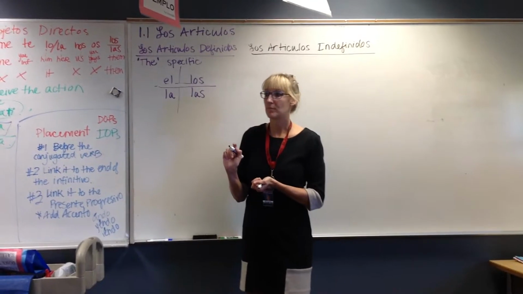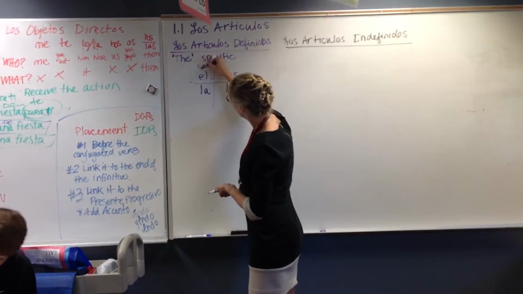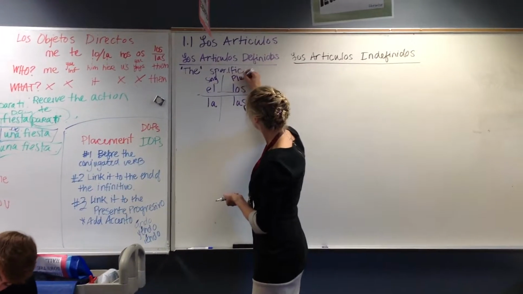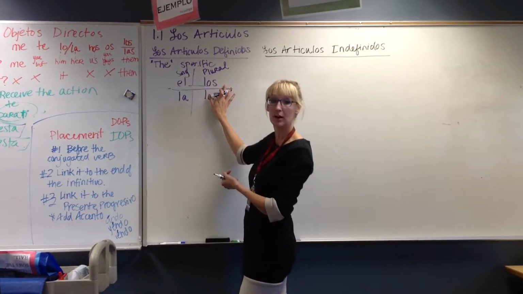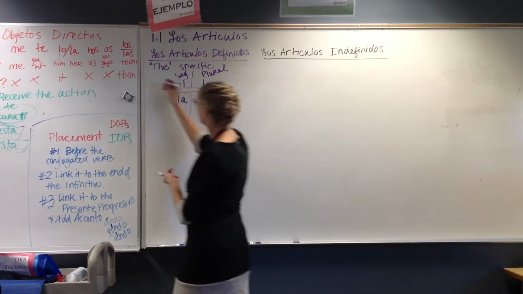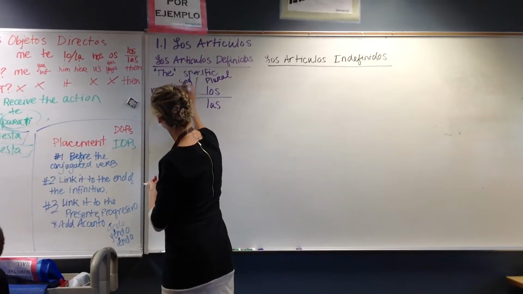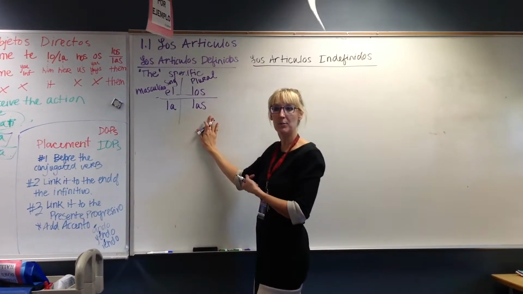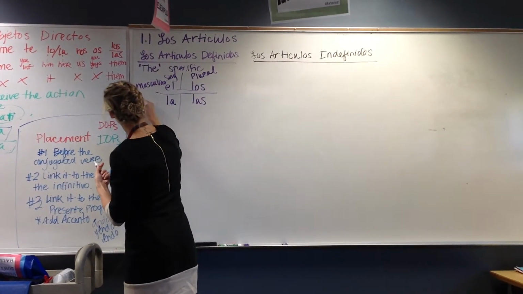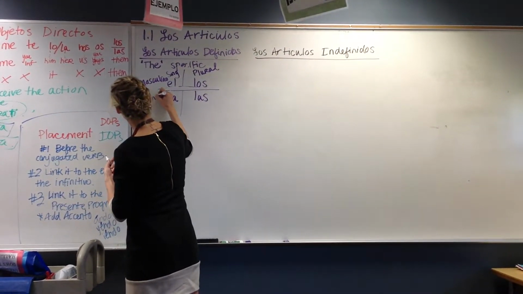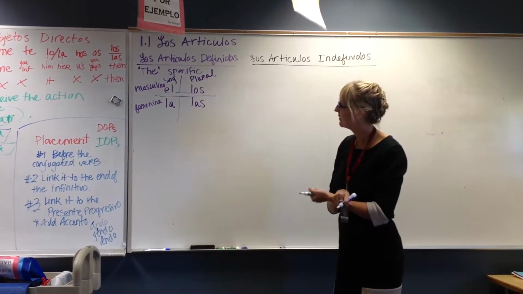Singular and plural. Okay, these two are both singular, and these two are both plural, but exactly across the top row, like you were just saying, el and los are both masculine, and la and las are both what? Femenina.